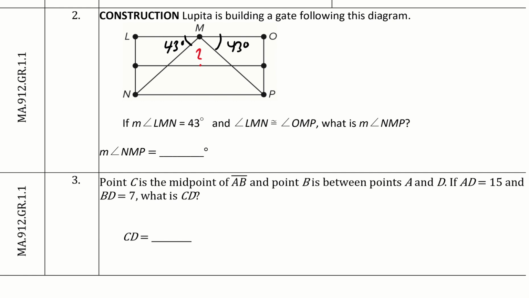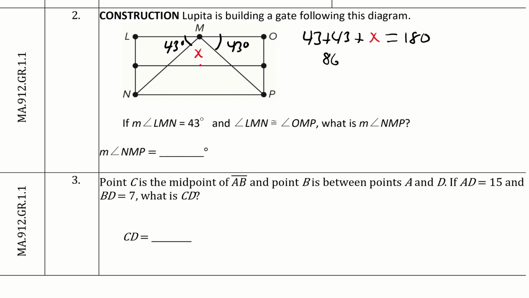So how do I get that red angle? Well, we know that these angles together add up to 180 degrees, right? So we can call this X. We can call that X. And so this adds up to 180. So because of that, we can set up an equation like this. That plus X equals 180.